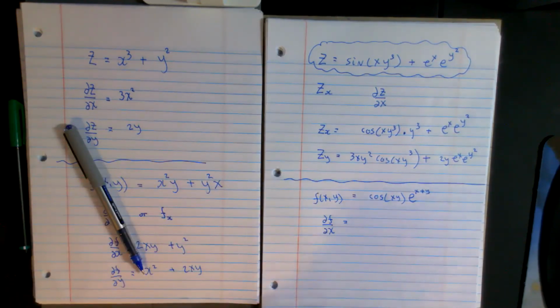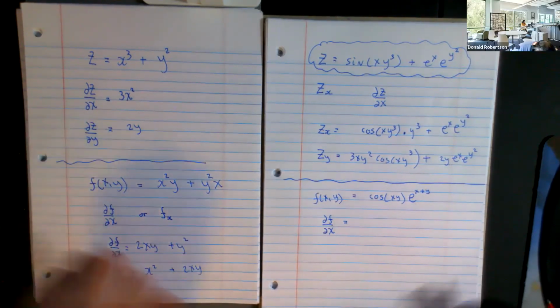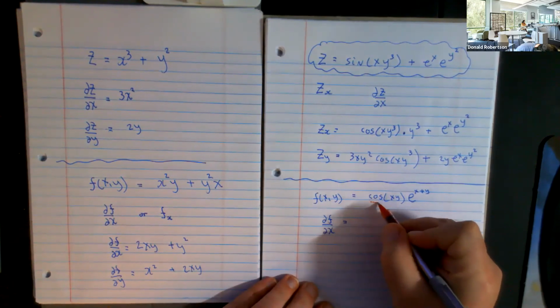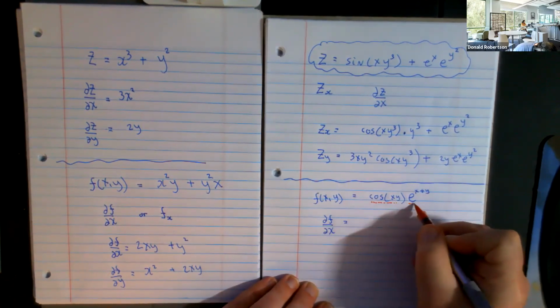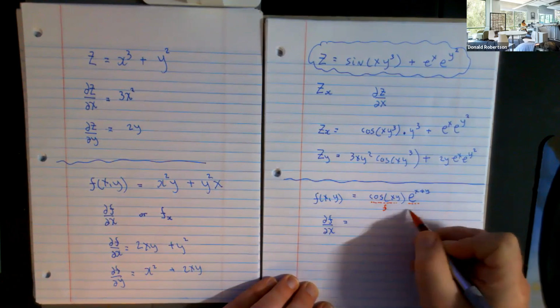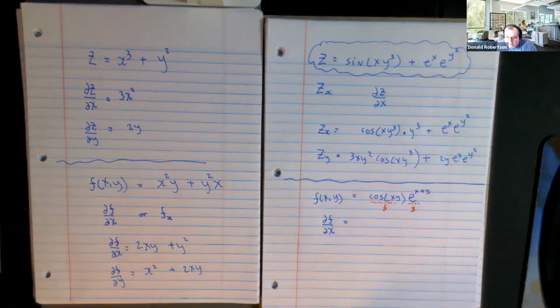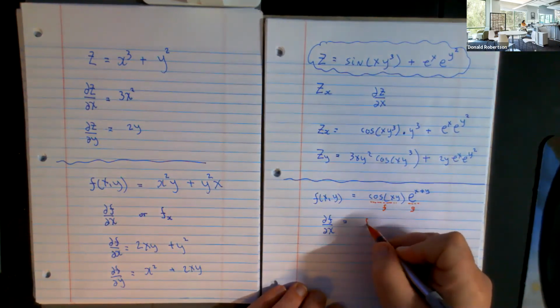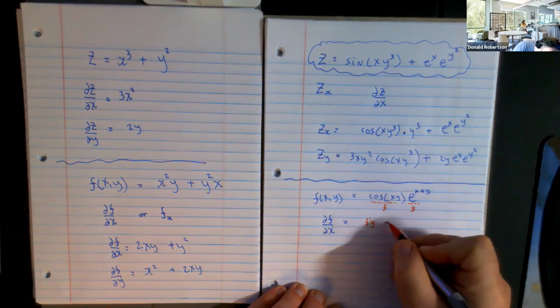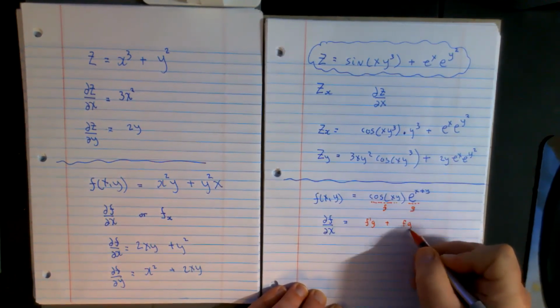Now, it depends on who you got and how you learnt product rule. So I'll show you my version, but if you've been taught a different way, that's fine. I call the first guy F, I call the second guy G, and the product rule is F dash G plus F G dash.